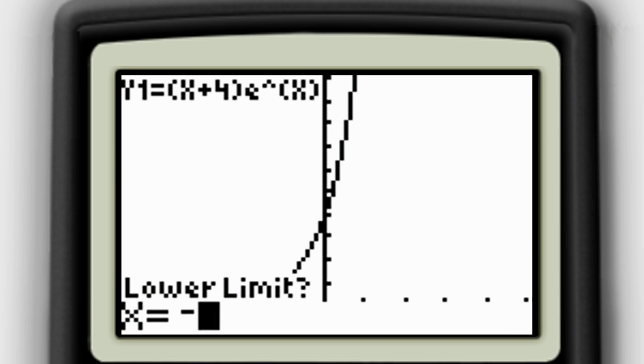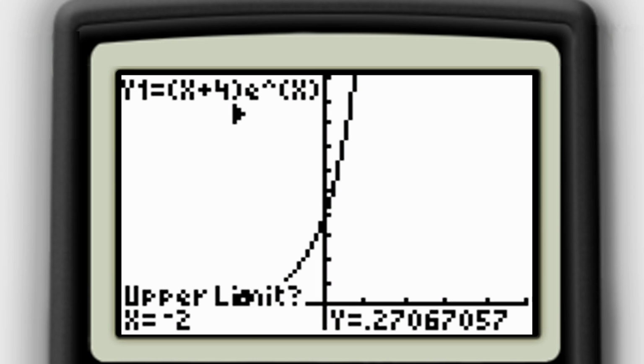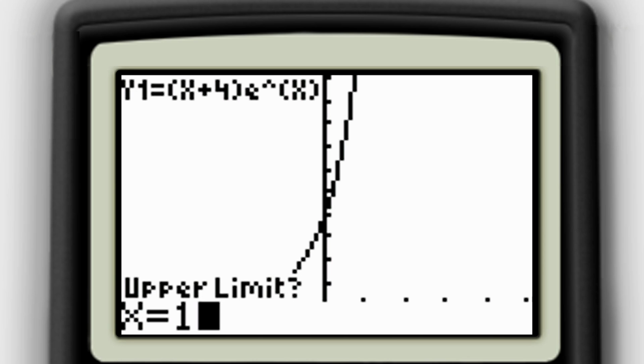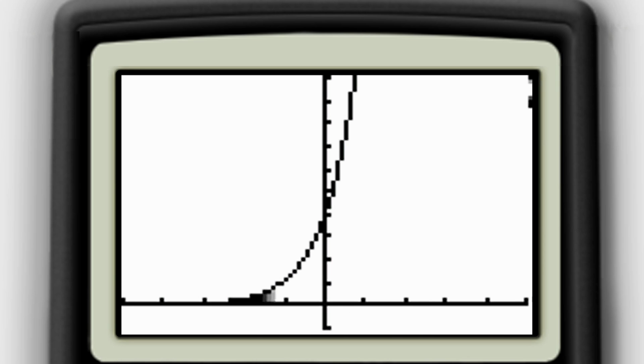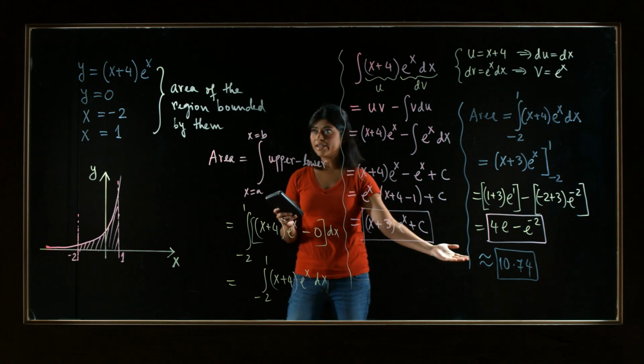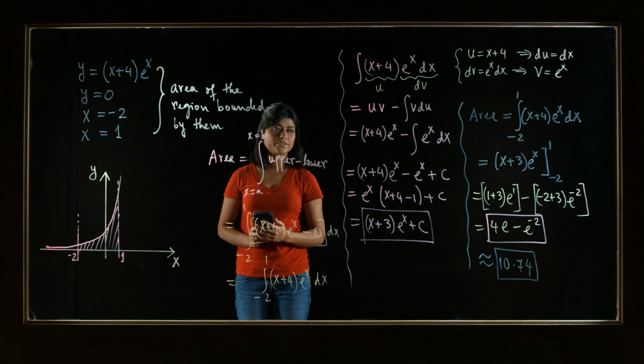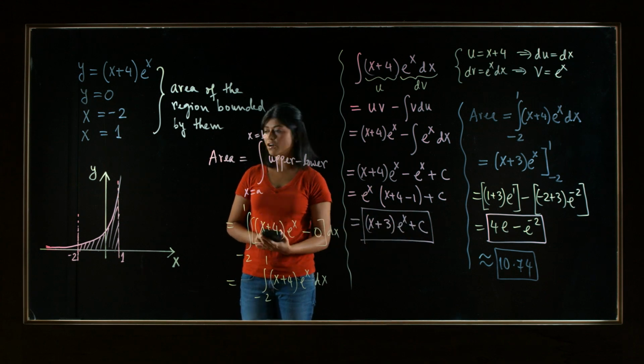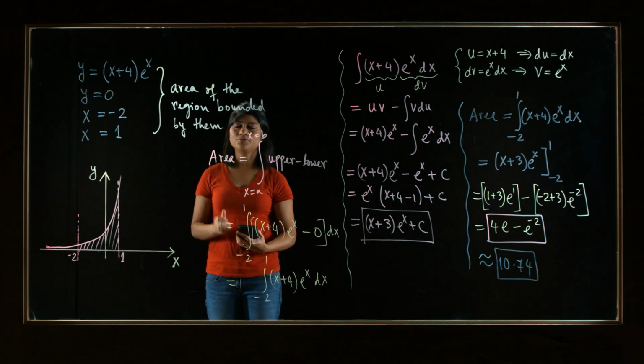It's asking for the lower limit, plug in -2, and then the upper limit, plug in 1, and see it is shading this entire region that we found, and the integral is about 10.74. So it checks our result and verifies that we have done everything correctly, and that is the area of this region bounded by these four equations.